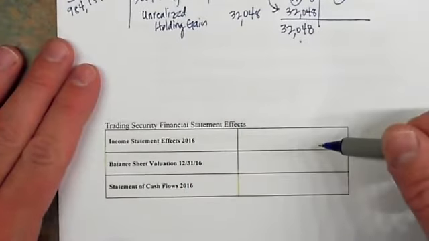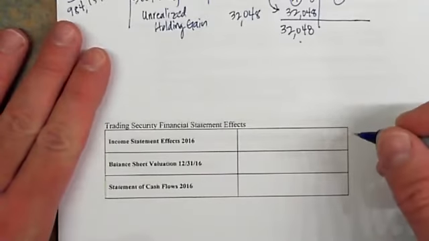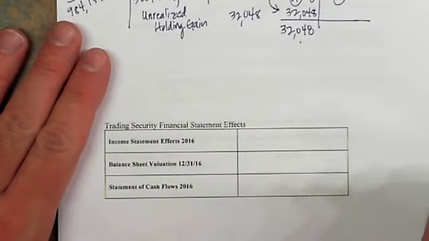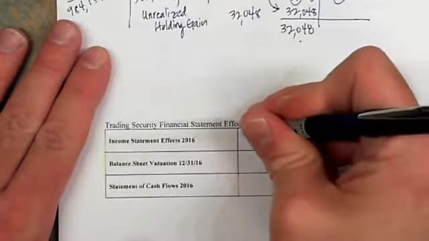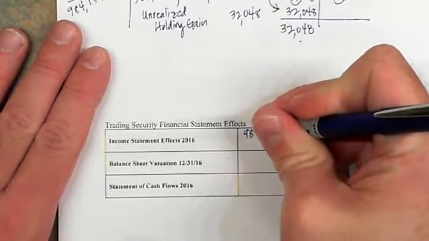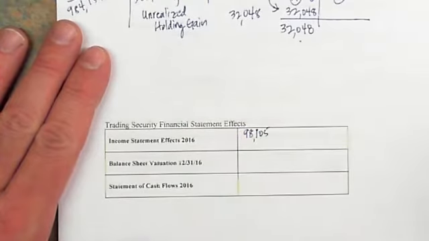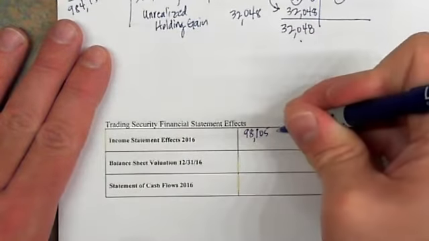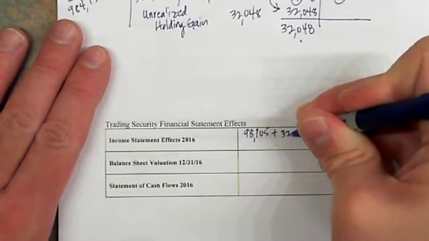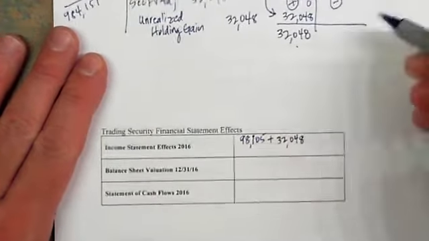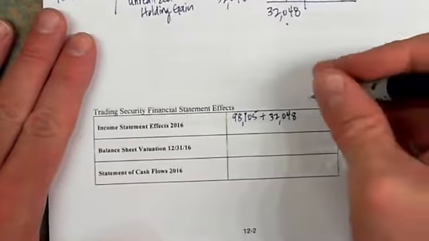The income statement effects for 2016 will begin with the interest that we recorded, of course, $98,105. I'm sorry, the way I said it made me doubt how to write it. And then we're going to add to that the $32,048 from that mark-to-market effect. We're going to include it because it's a trading security.